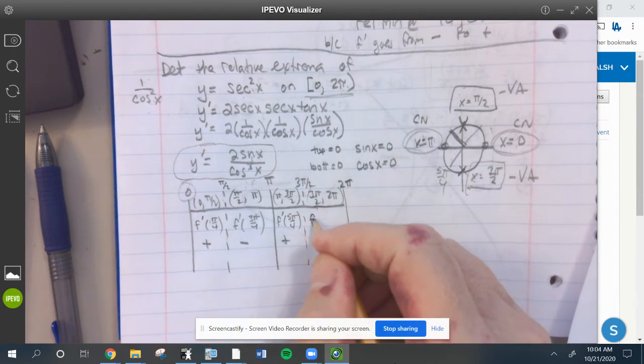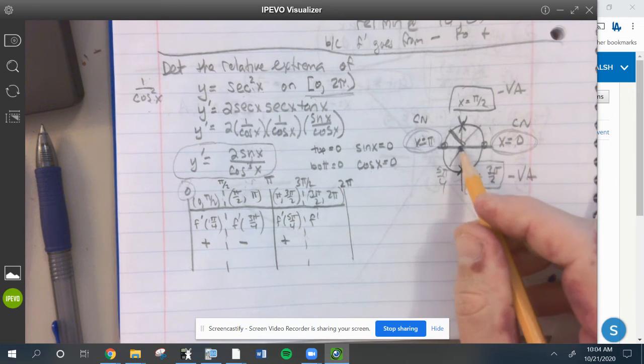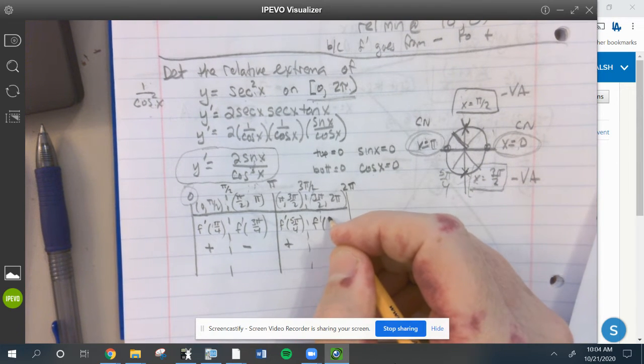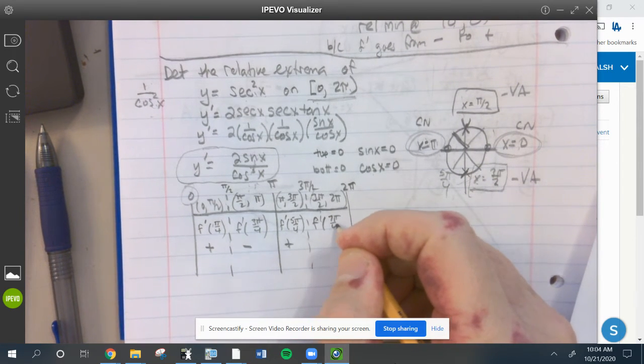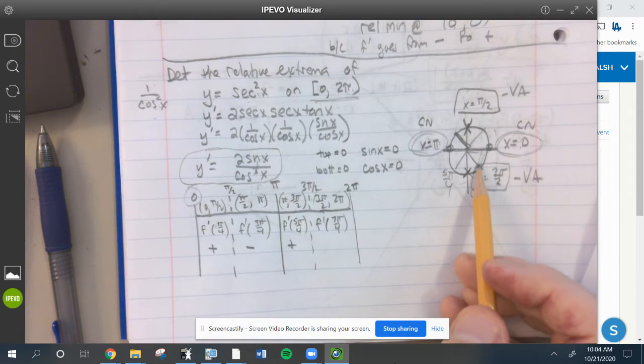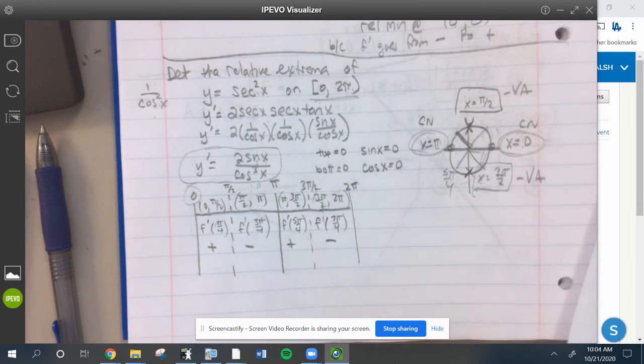And finally, between 3 pi over 2 and 2 pi, I'm going to use 7 pi over 4. Now we're in quadrant 4, where cosine is positive, sine is negative. So we have a negative over a positive, which is negative.